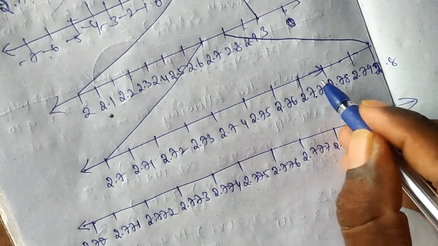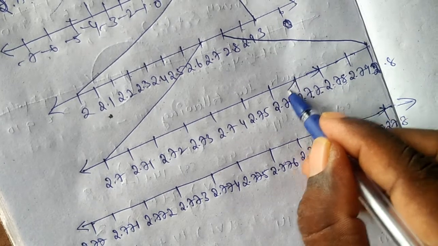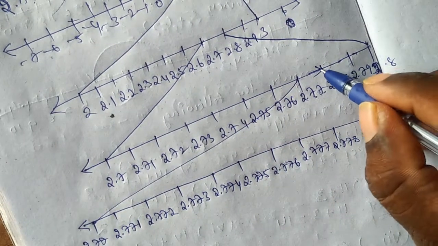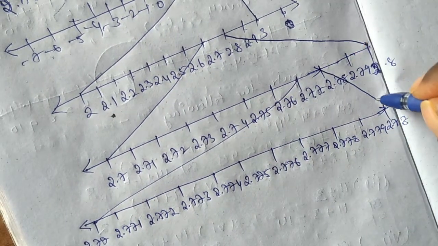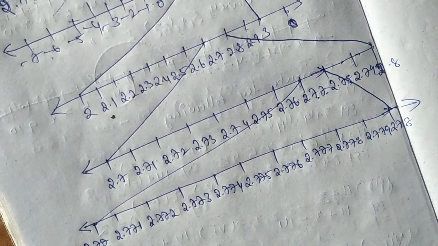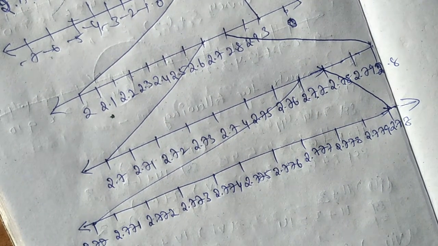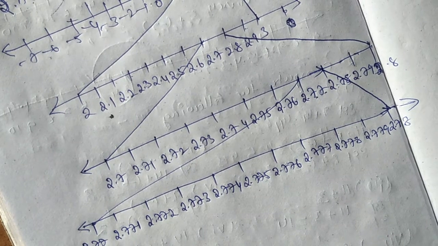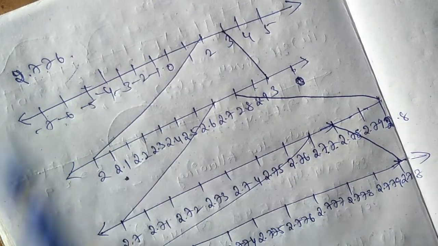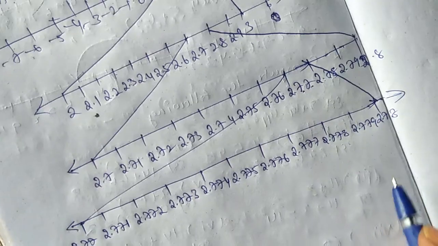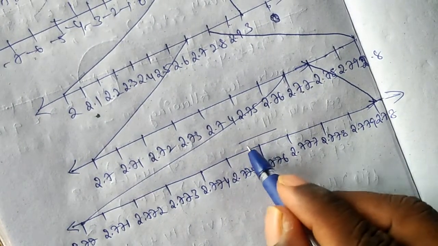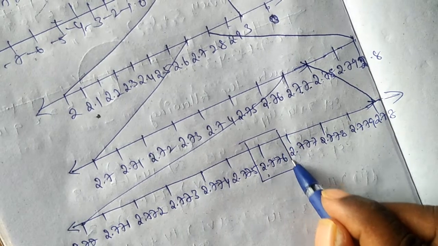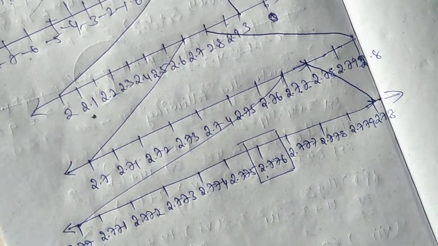This is the magnification of the portion between 2.77 and 2.78. So what is the number here? 2.776, this is the number. We have to do it like this.